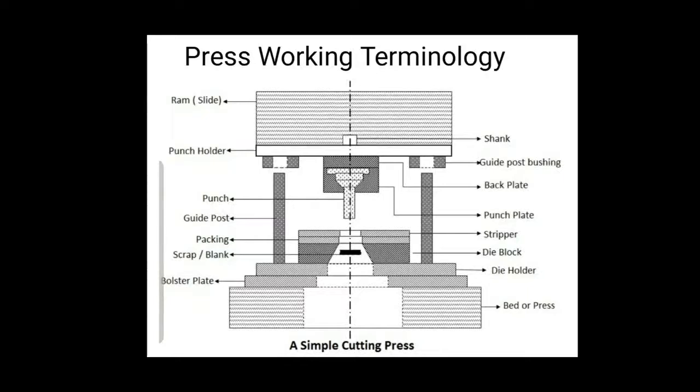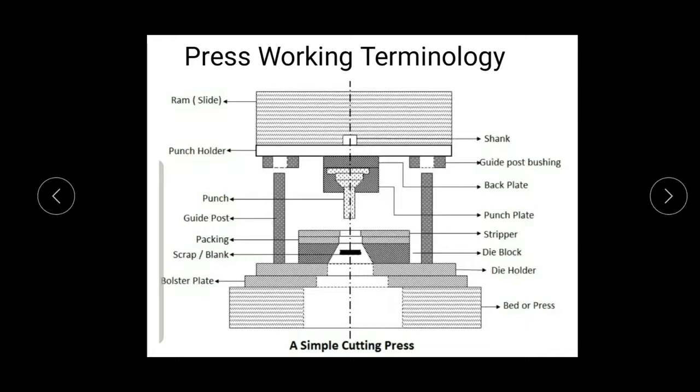The press tool consists of punches or punch, die, punch plate, backup plate, strippers, ejectors. So you can see in a diagram many more components. To better understand the main components of press and die, just look at the given figure.